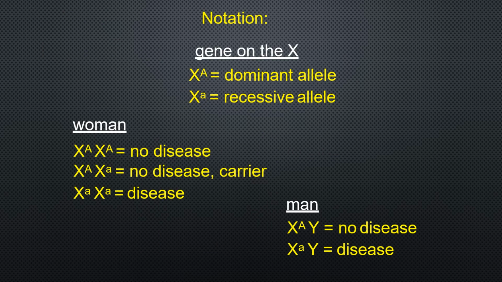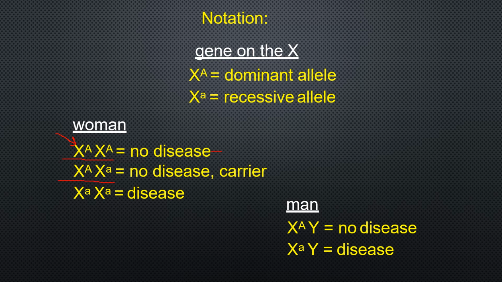So obviously for a woman, because these particular diseases only appear when you have a homozygous recessive gene, if it is a woman that carries a homozygous dominant for these, then we say no disease here.